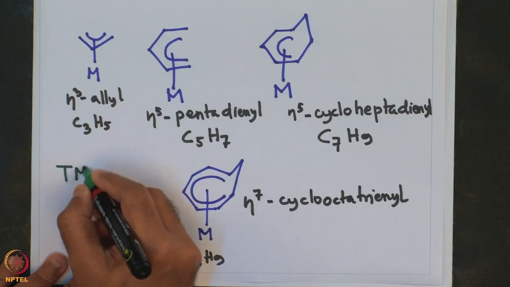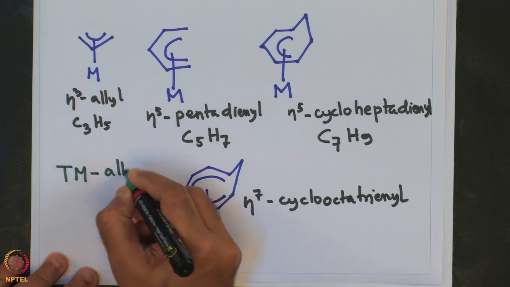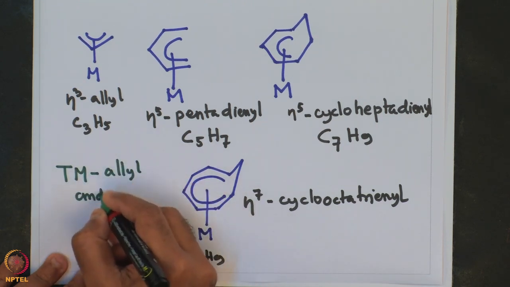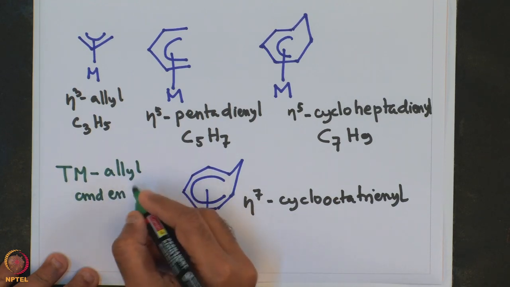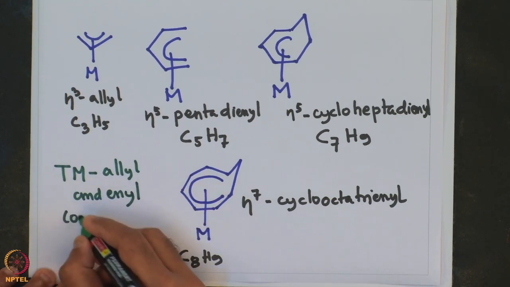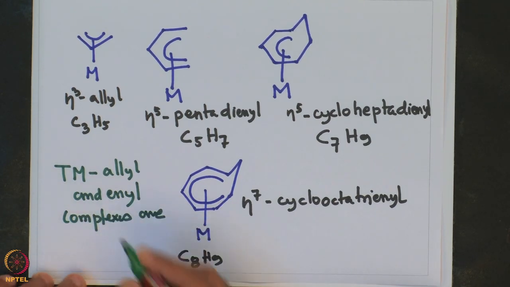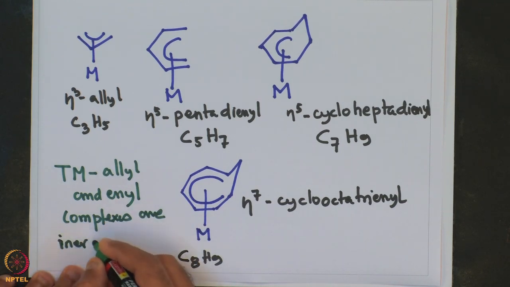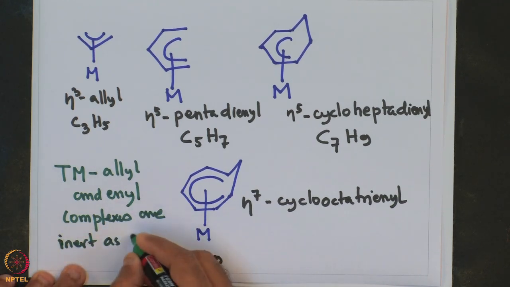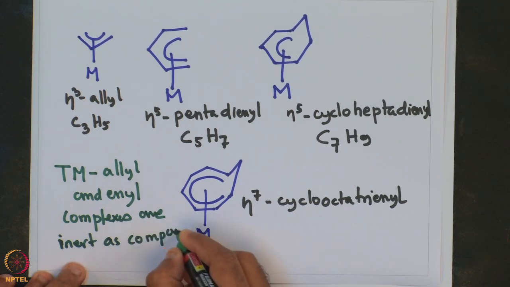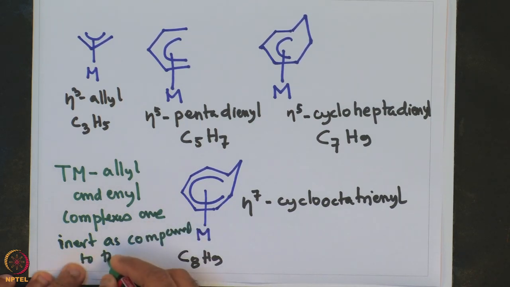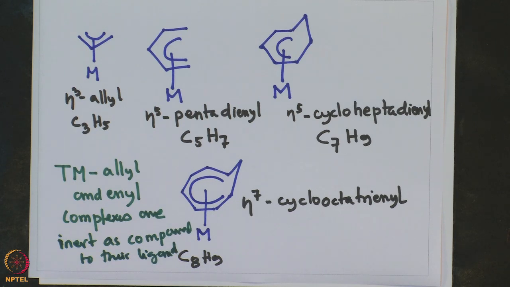So, these transition metal allyl and enyl complexes are inert as compared to their ligands in neutral form, because the neutral form has a radical structure.